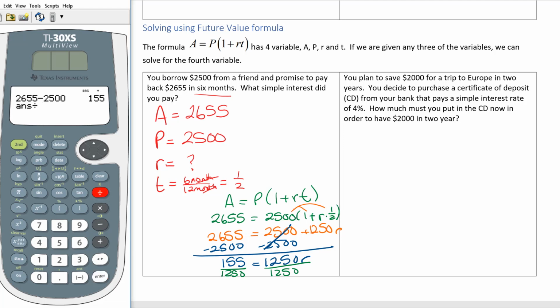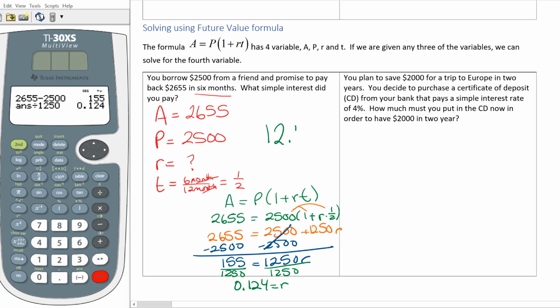So I'm going to use my calculator to divide 155 by 1250. And that R is 0.124. So if I move the decimal over 2 places to make it a percent, I'm getting 12.4%. So your friend is going to earn 12.4% interest off of your agreement.